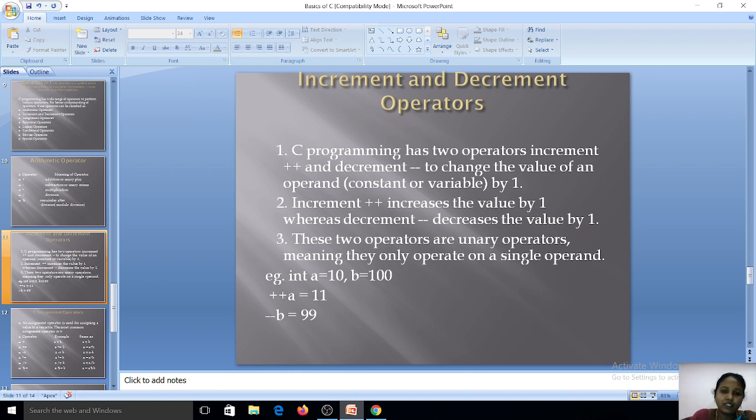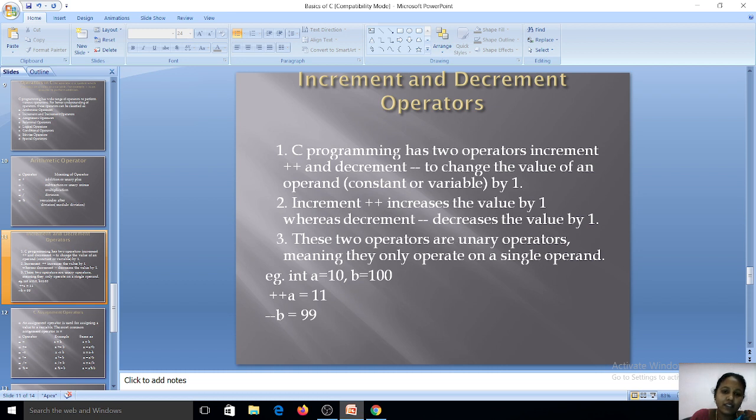Here I have declared A equal to 10 and B equal to 100. We are using the plus plus operator and the minus minus operator, that is, the increment operator and the decrement operator. Plus plus A is used as a unary operator, so we use only one operand. Plus plus A means it will increment by 1.